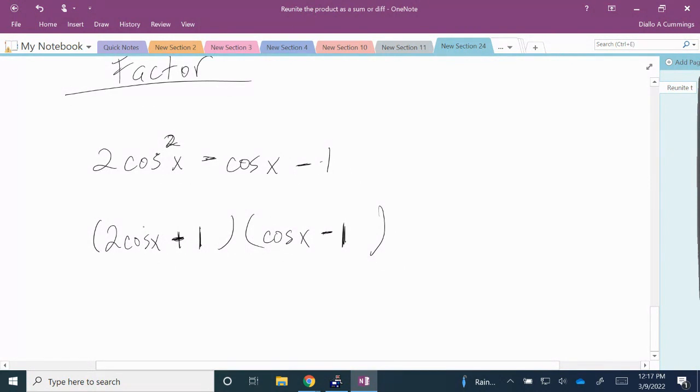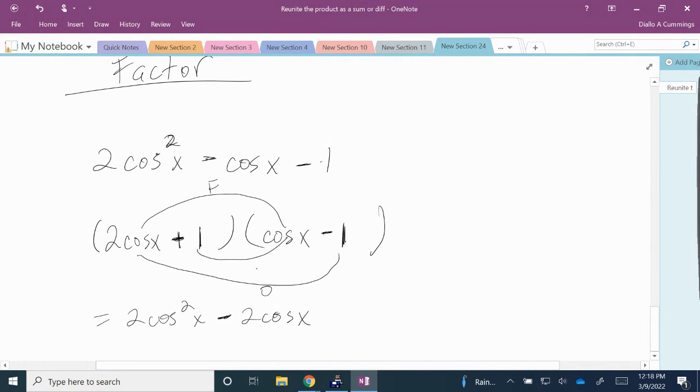So if we use the FOIL method, 2 cosine x times cosine x is 2 cosine squared x. My outermost terms, 2 cosine x times -1 is -2 cosine x. My innermost terms, 1 times cosine x is cosine x.